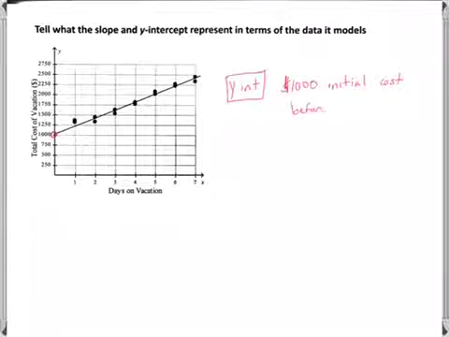In this example, you'll see that your y-intercept is right here at 1,000, and it's talking about cost of vacation in terms of days on vacation. So your y-intercept in this case, you're looking at $1,000 is your initial cost before your vacation starts. So this would be things like tickets and like hotel reservations.